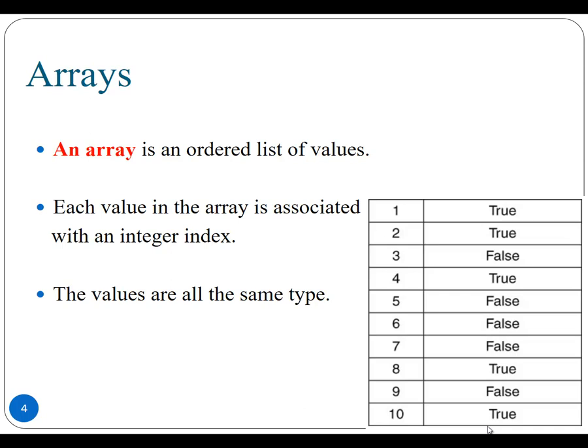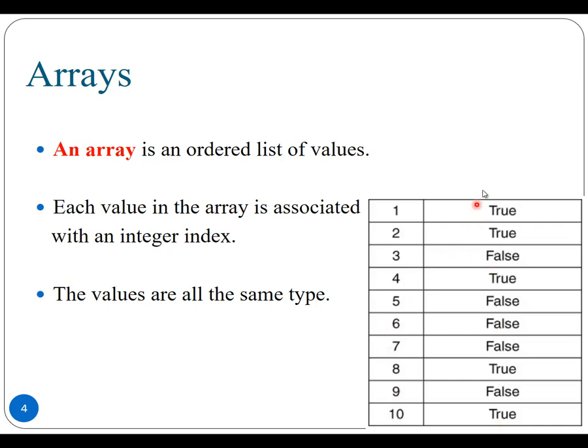Arrays are an ordered list of values. Okay, each value in the array is associated with an integer index, and the values are all the same type. Okay, for example, in this array here, you see that these are the indexes 1, 2, 3, 4, 5, and these are the values.